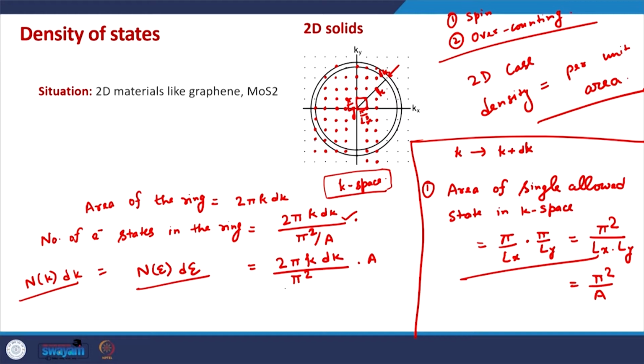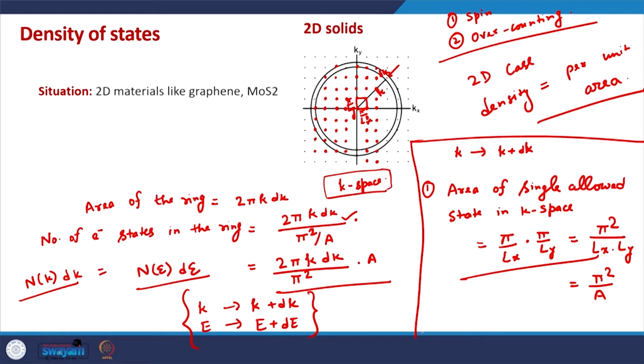So, these are the total number of electronic states for values of wave vector from k to k plus dk, or for an energy range of E to E plus dE.